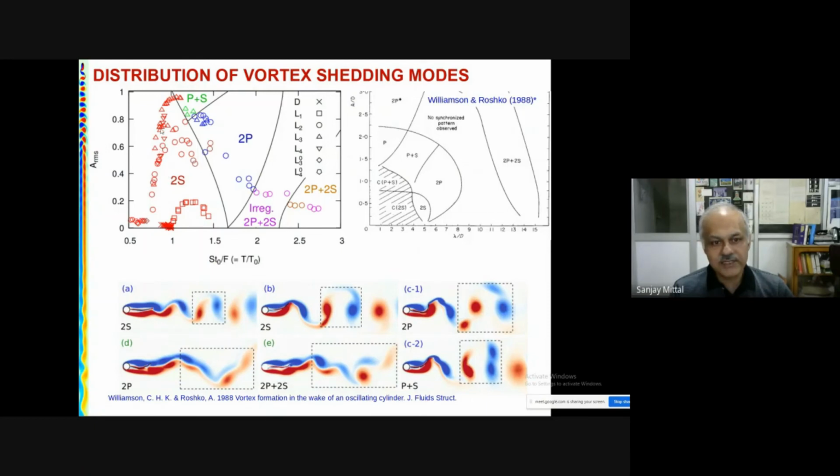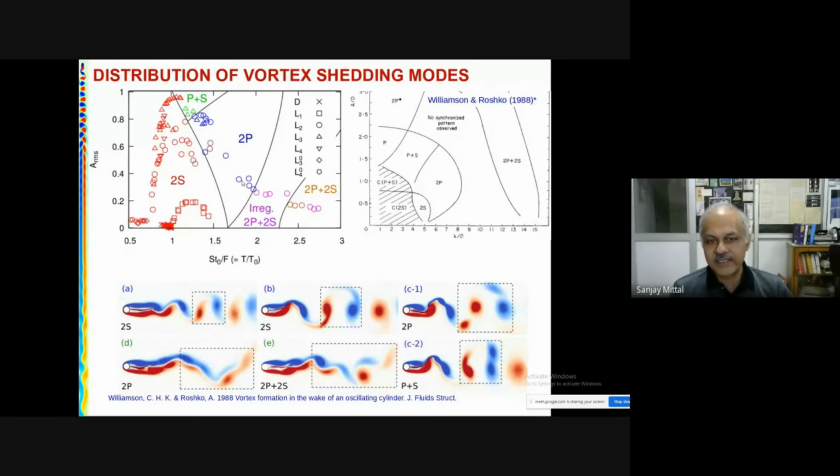So for this regime, you get the 2S mode of shedding. Then you get 2P, where two pairs of vortices, you can see in this picture C1, get shed in each cycle of motion of this plate. You could get 2P plus 2S, where two pairs and a single each are shed, and so on.